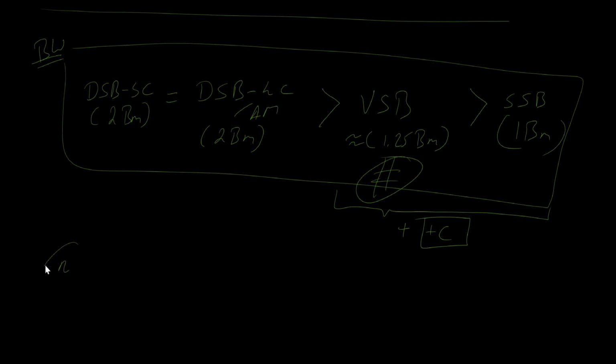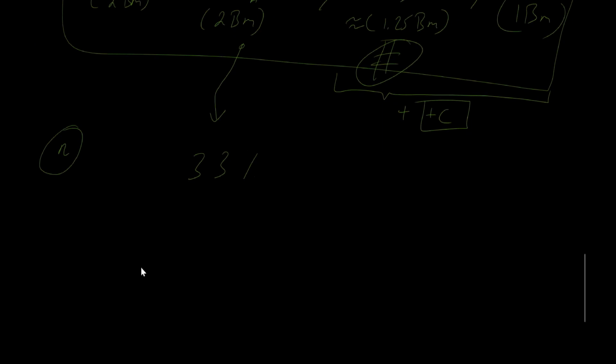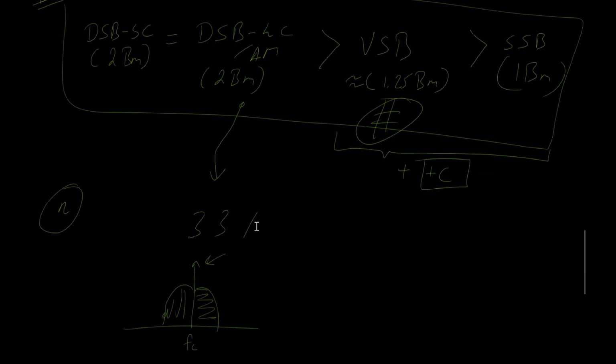In our previous discussion, we had mentioned that the maximum power efficiency for AM or large carrier is basically 33%, right? That is, you have a carrier at fc, and then you have the upper sideband and lower sideband. 66% of the power is basically consumed in the carrier itself, the reference signal.